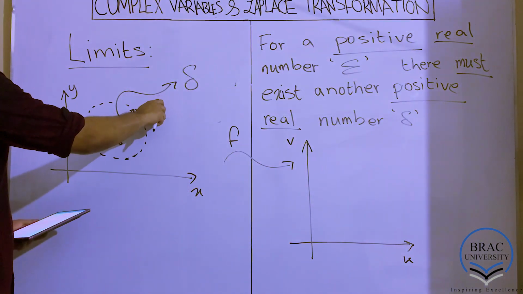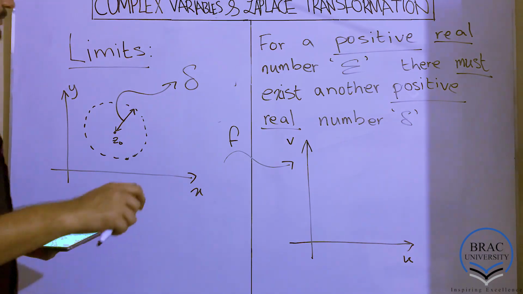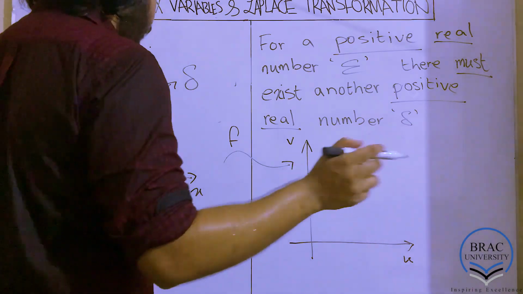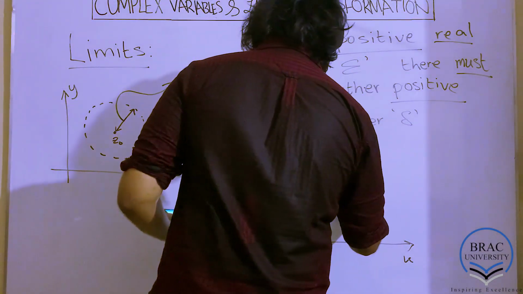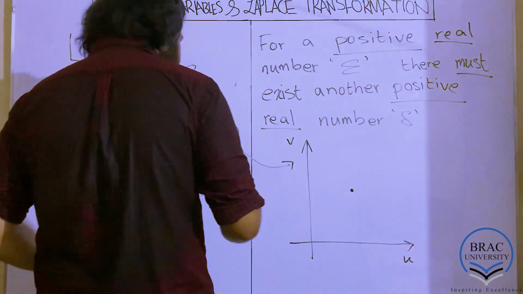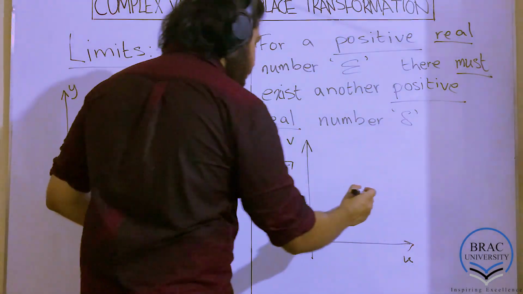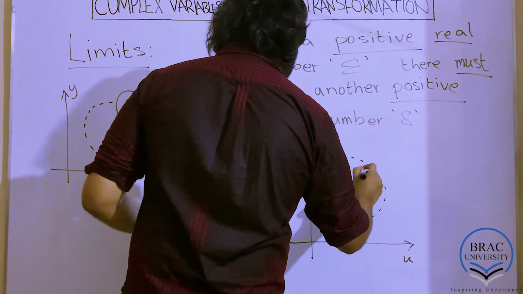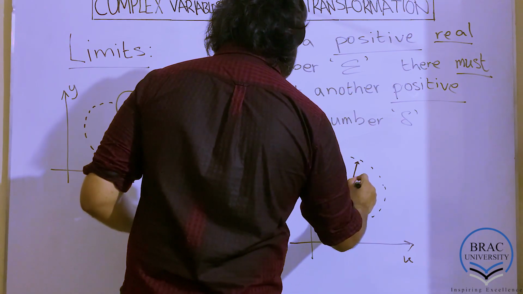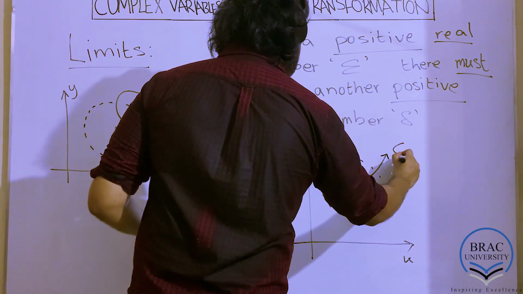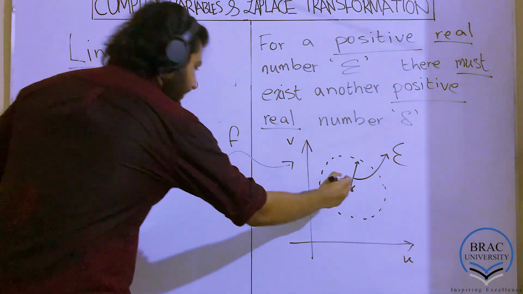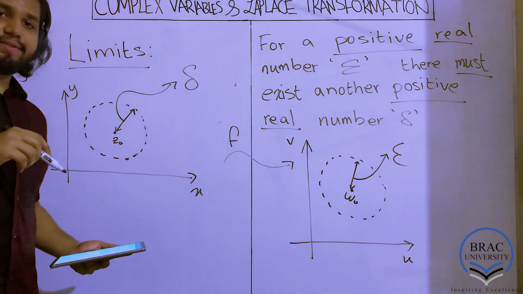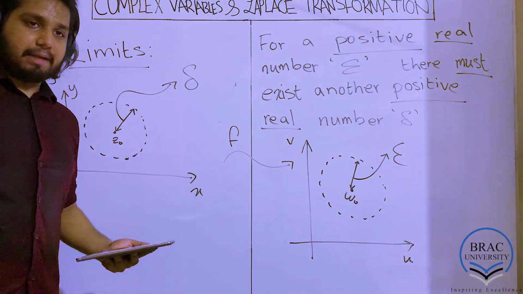For this delta to exist, we must have a positive real number epsilon, which is also encompassed around a ball with radius epsilon. Here the center is, of course, W0, as by the definition, taking the limit Z tends to Z0 of f of Z will give us W0.